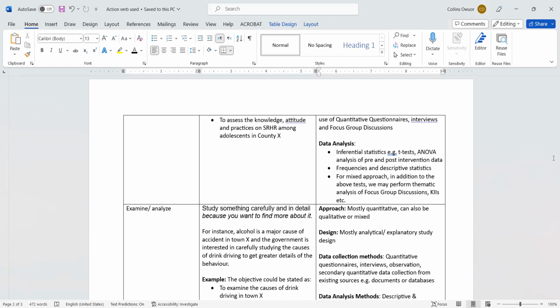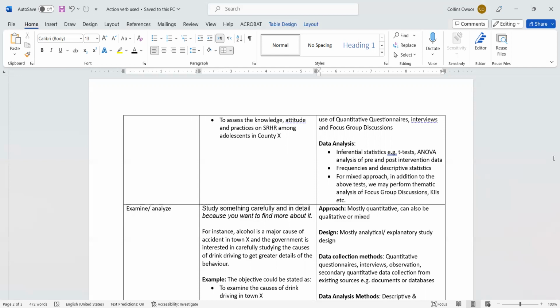So a descriptive study describes, while the study design for analytic or experimental tries to test some relationships between variables, using a method called inferential statistics.